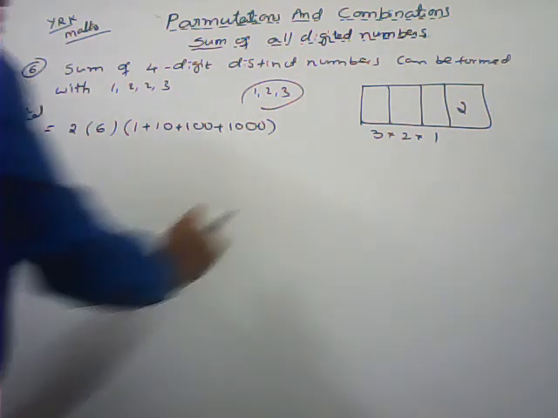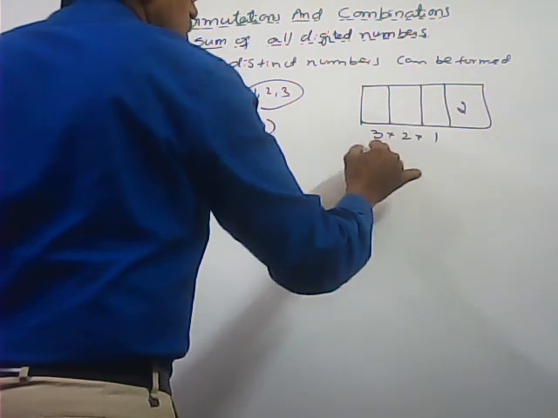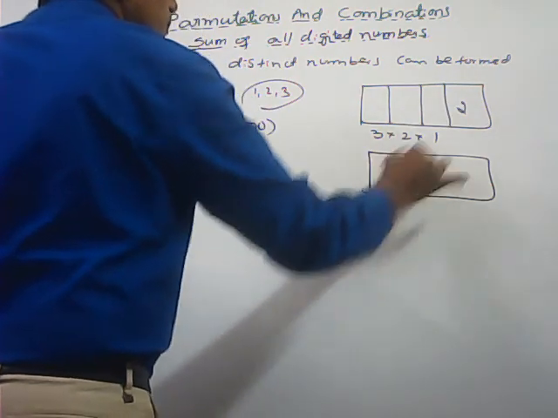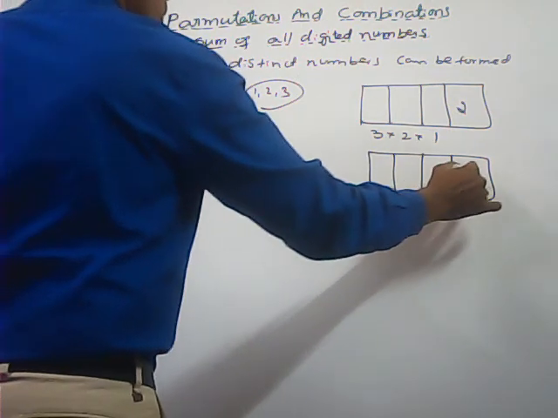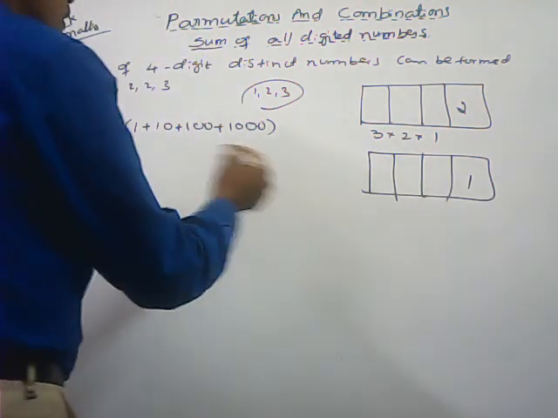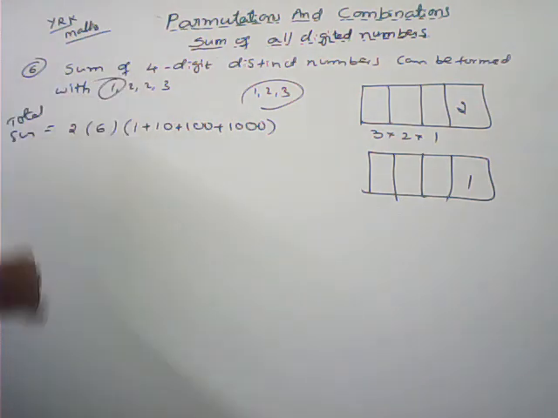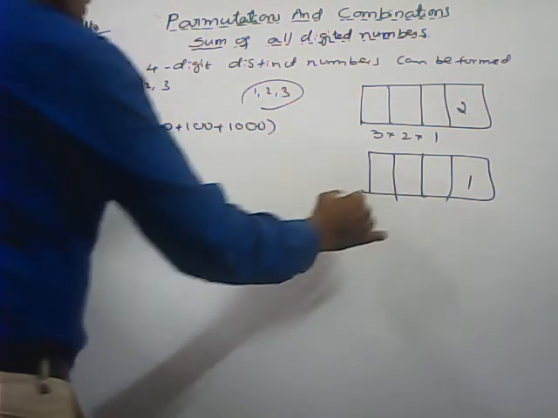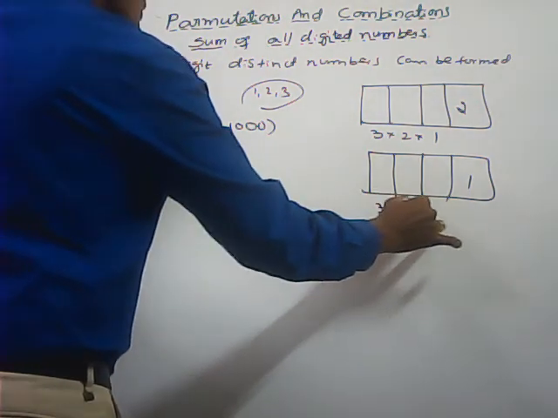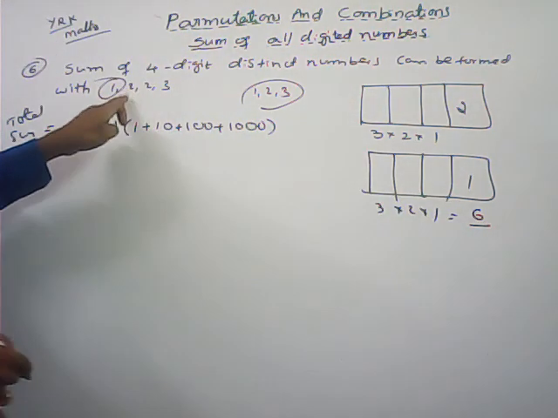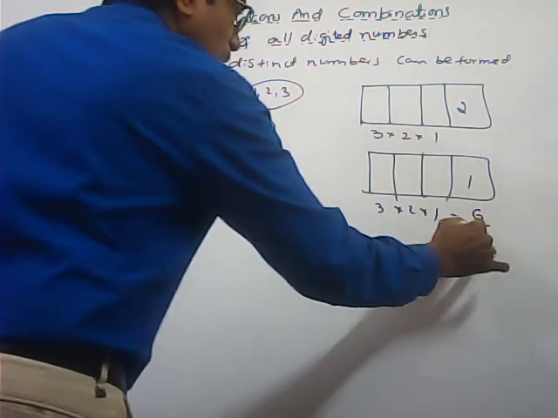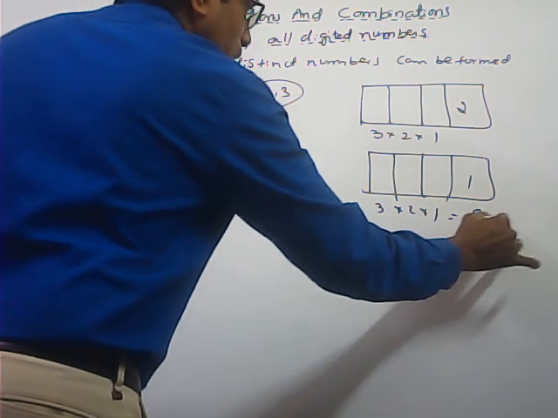Now next we can keep either 1 or 3. If I keep 1 here, this one can be filled in 3 ways, this is 2, this is 1, 6, but here 2 is repeated twice. So divided by 2 factorial, we get 3.